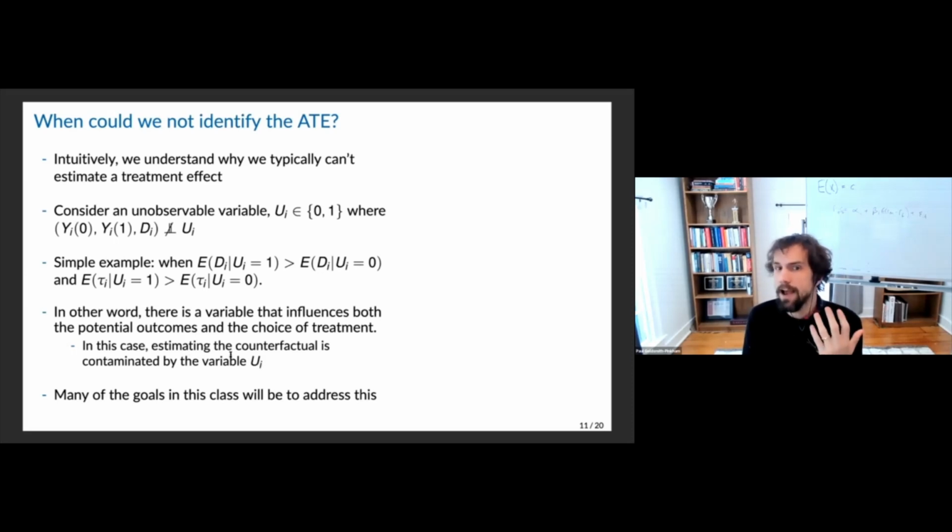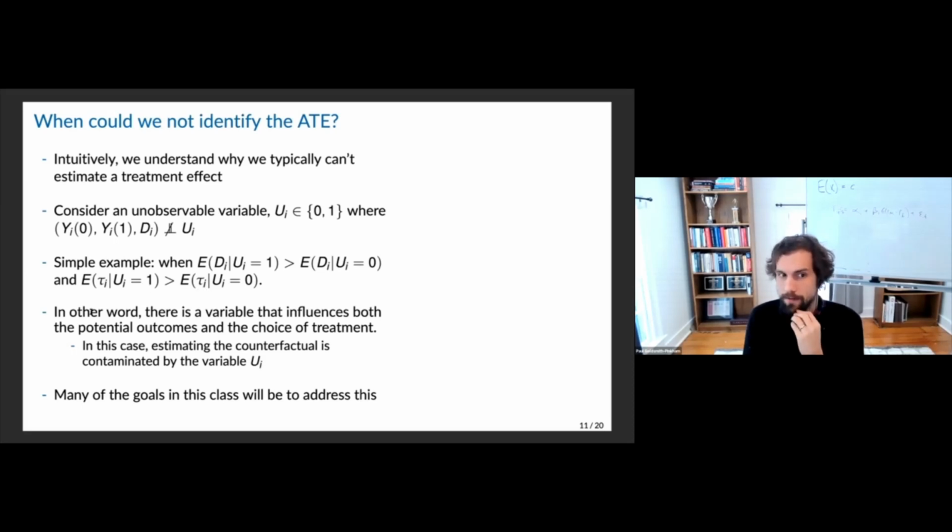So if we tried to estimate the treatment effect using this sample, the yi0, yi1, and di, and we just use the yi and di, then what we have is selection bias.